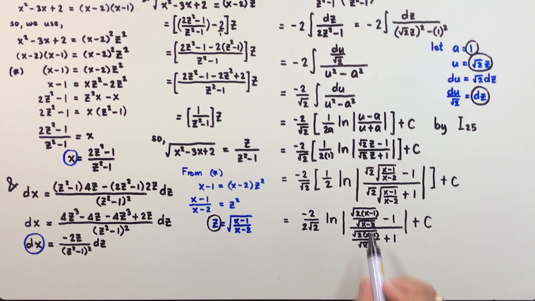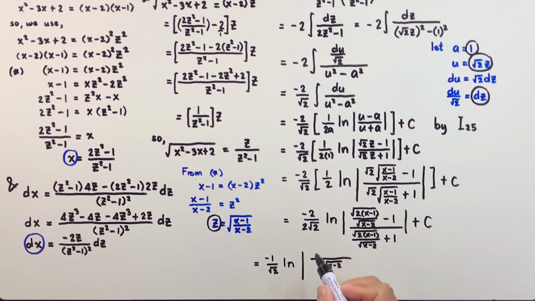So combining these two terms in this numerator and these two terms in this denominator, we have this negative 1 over the square root of 2 times the natural log of the absolute value of our LCD in this numerator, which is square root of x minus 2. So we have the square root of 2 times x minus 1 minus the square root of x minus 2.